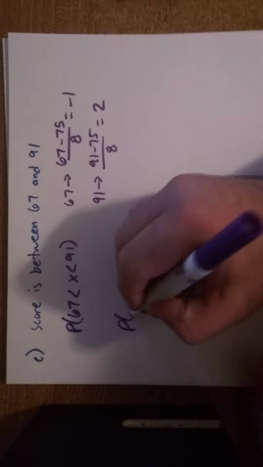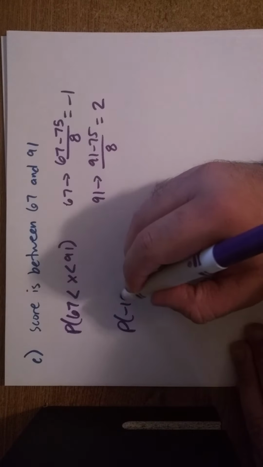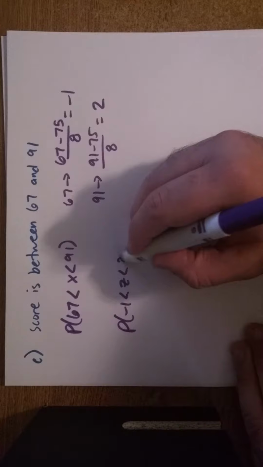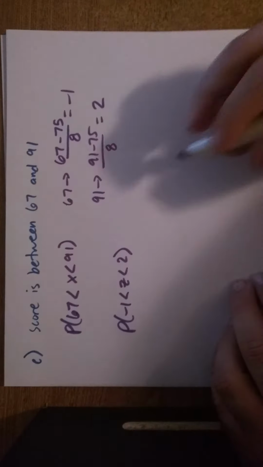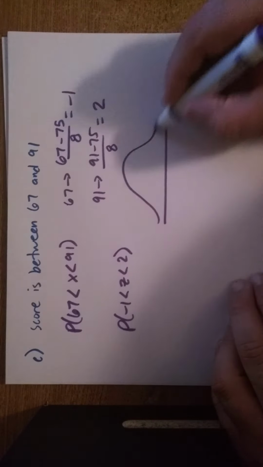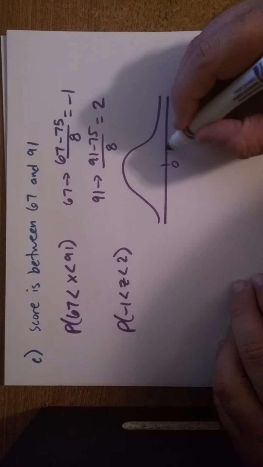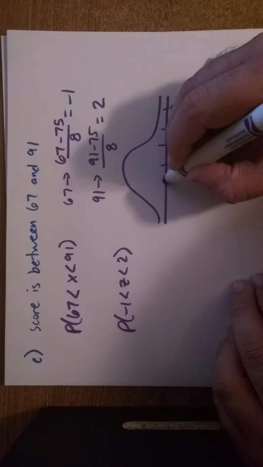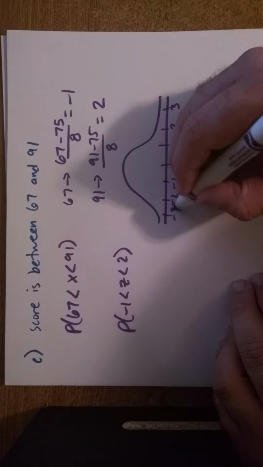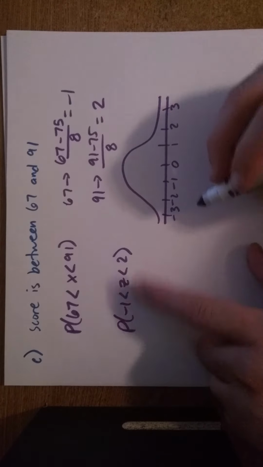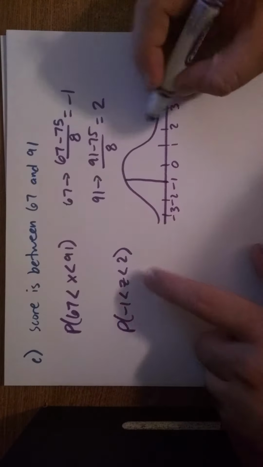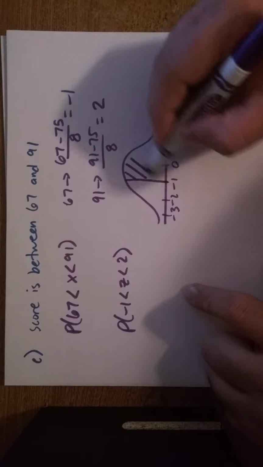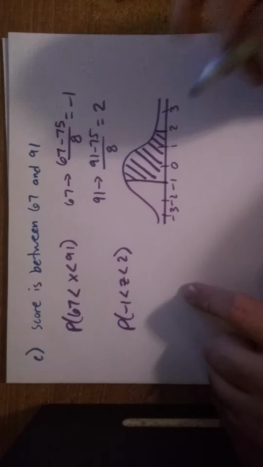So what we're really trying to find is the probability of z being between negative 1 and 2. So let's go ahead and just draw a quick sketch of what this looks like. 0, 1, 2, 3, negative 1, negative 2, negative 3. So I'm at negative 1 and 2. I'm going to draw a line here and a line here. So the area I'm trying to find is this.